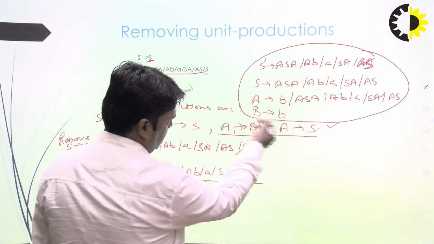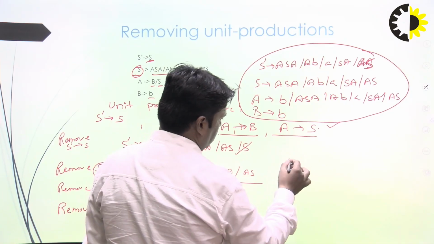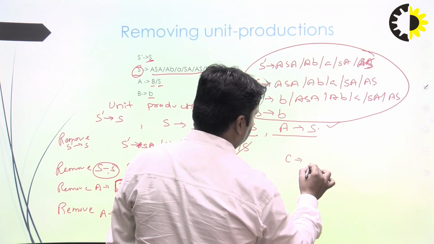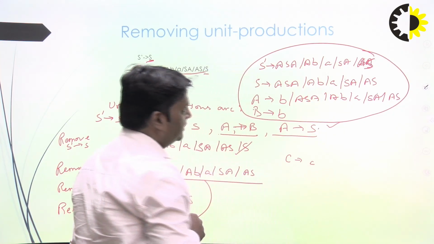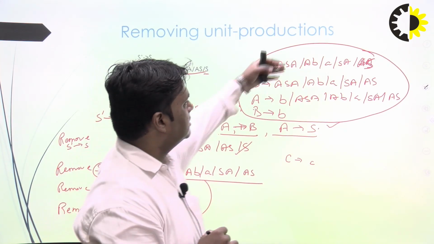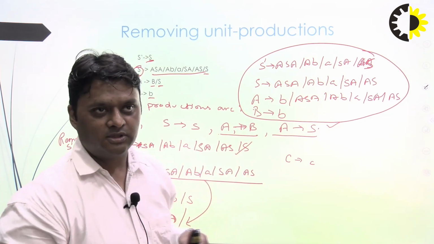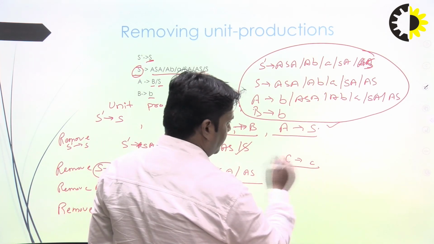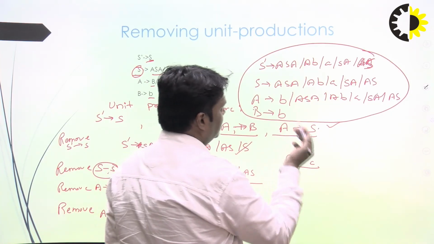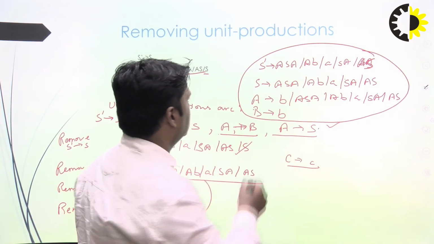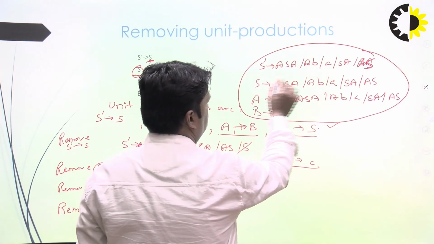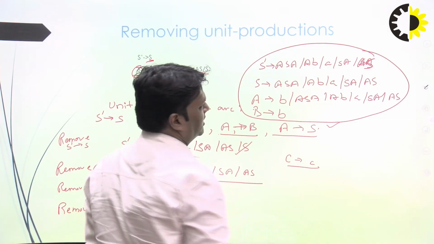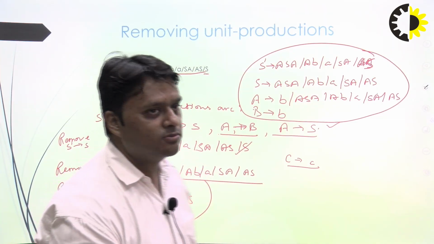Suppose here we write C implies C, then that will not be used in this production to generate any string. That would be a useless symbol. But in this grammar there is no useless symbol. A is used, B is also used, and no useless symbol.